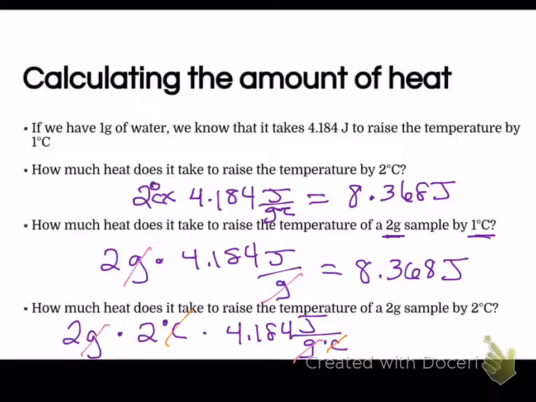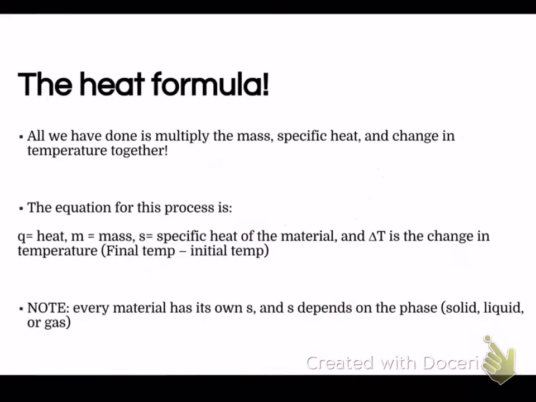That leaves me with just the energy, joules. And so as it turns out, if I wanted to heat 2 grams of water up by 2 degrees Celsius, it would require 16.74 joules of energy. So what we've just done here is take mass times the change in temperature times the heat capacity, and it tells us how much energy is required for that process.